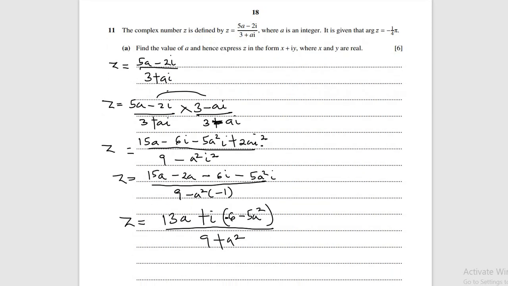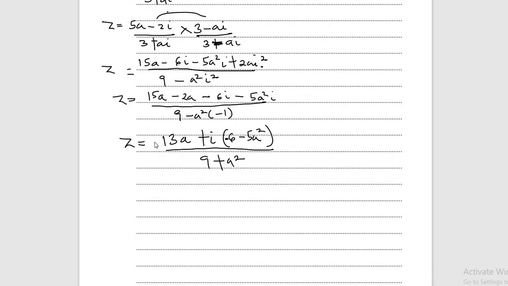So at the end of the day, z can be written as 13a over 9 plus a squared plus i into bracket minus 6 minus 5a squared over 9 plus a squared.